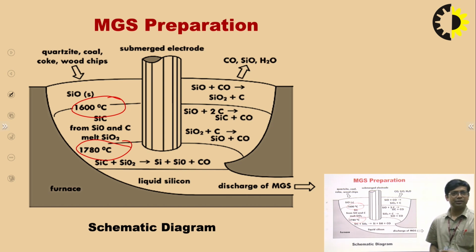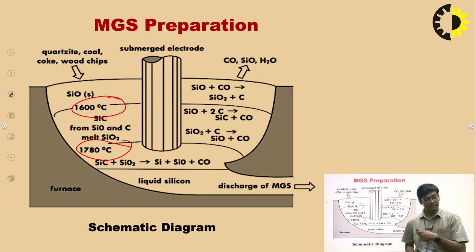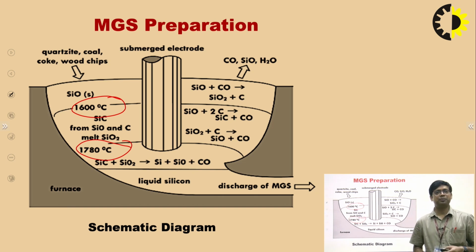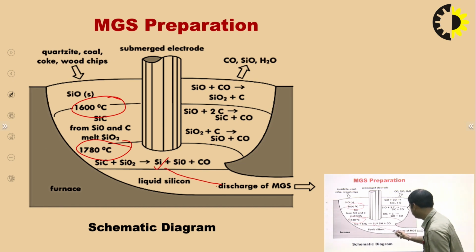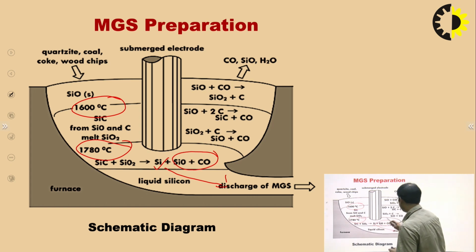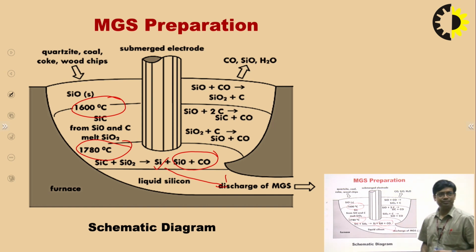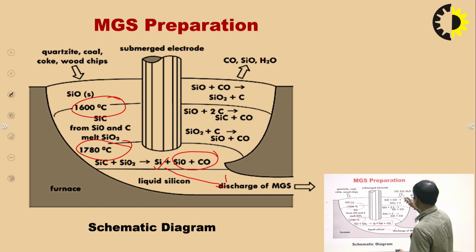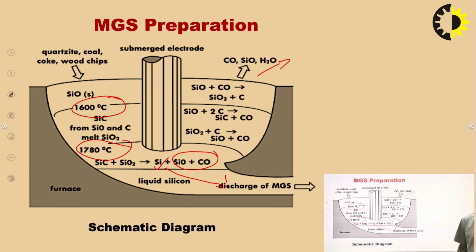At this high temperature the reaction takes place between the quartzite and silicon carbide, which gives you your MGS in liquid form, which is discharged here, and these are the two byproducts, SiO and CO, in the gaseous form, and these products leave this way along with the water vapors, and the MGS is taken out from here.